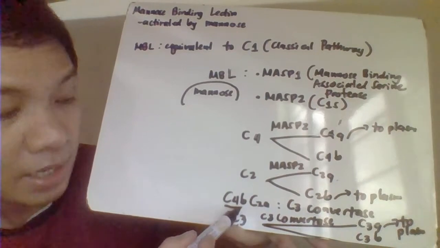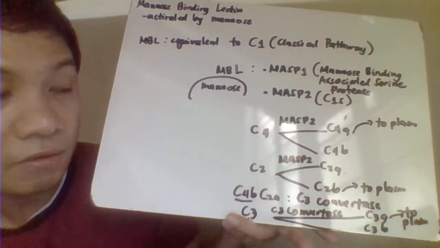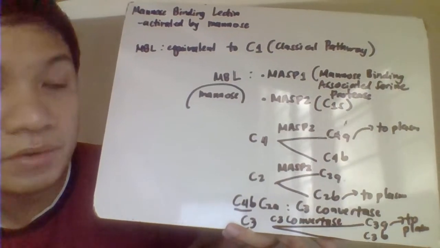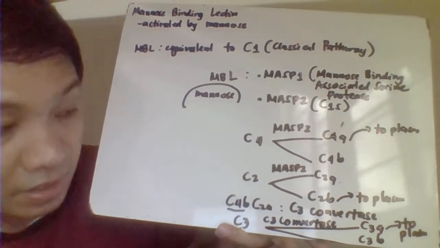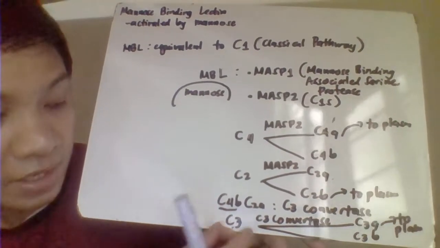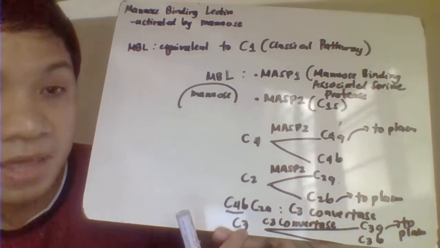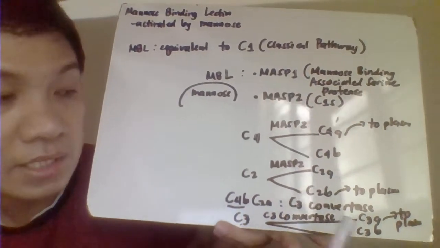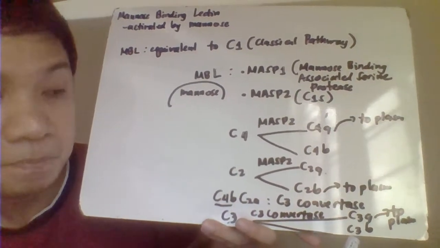It will be able to bind with your C4b to form your C4b2a complex, and we consider that our C3 convertase. So our C3 convertase, just like in your classical pathway, tries to cleave, to hydrolyze our C3 to your C3a and your C3b.